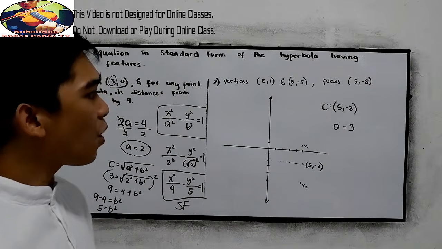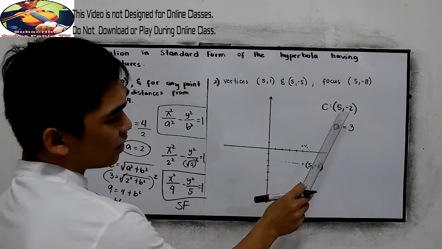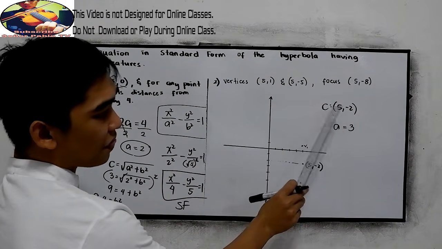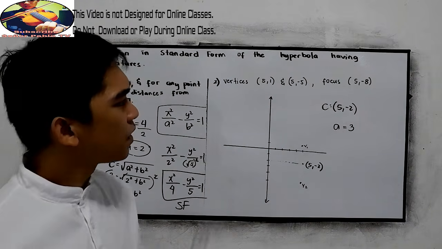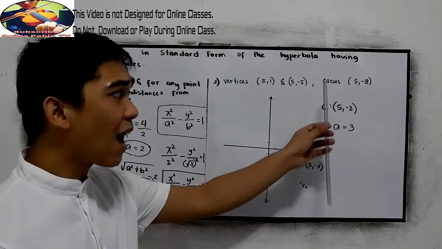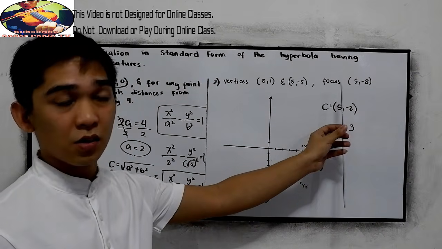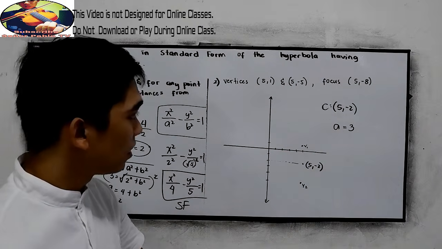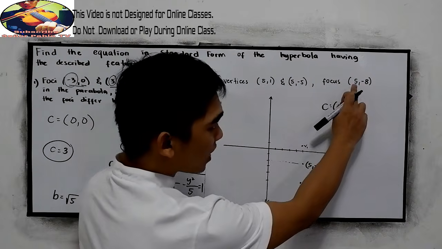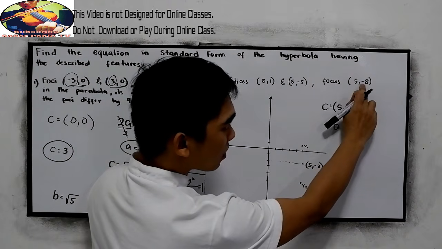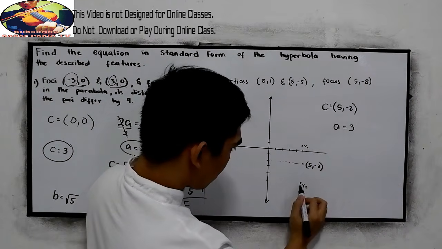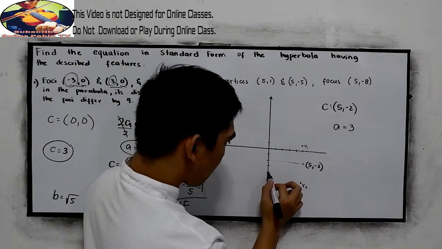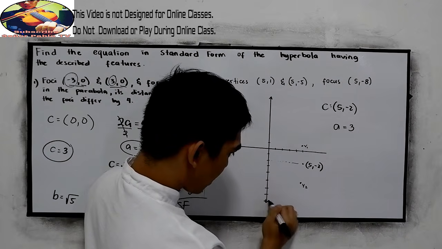Okay. Now we have the values for the center and a. We also have the given focus, so from that we can get the value of c. So locate 5, negative 8. We have here negative 1, 2, 3, 4, 5, 6, 7, 8.